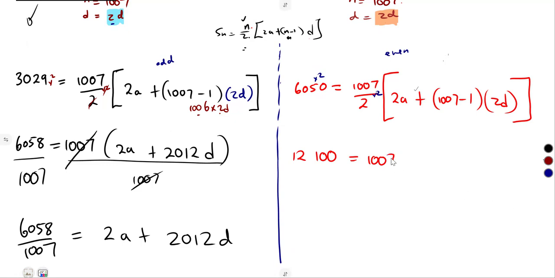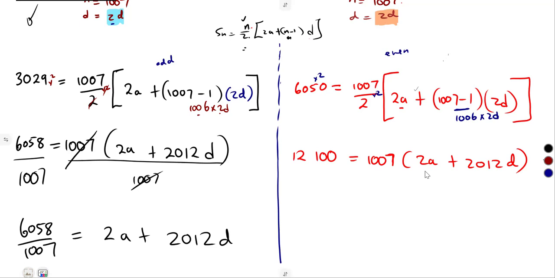If we simplify this, we obtain 2a plus 1006, just like the previous one, times 2 times 2d, which is a positive 2012d. As you can see, it is the same part that I wanted, guys, this one. That was it.